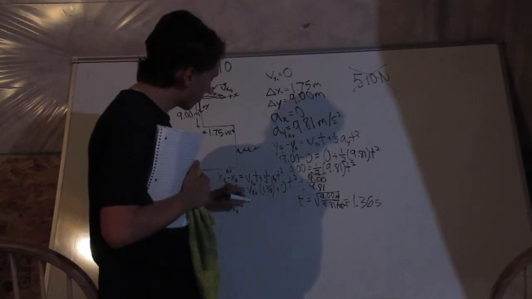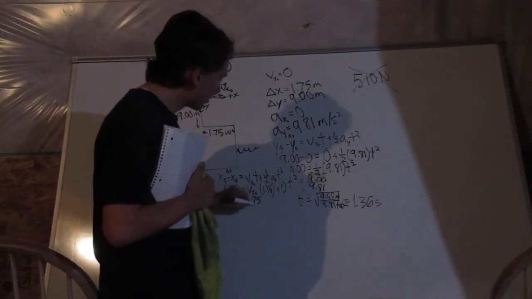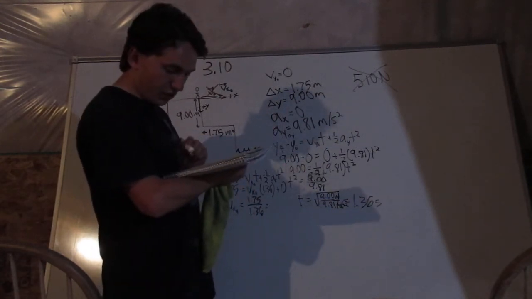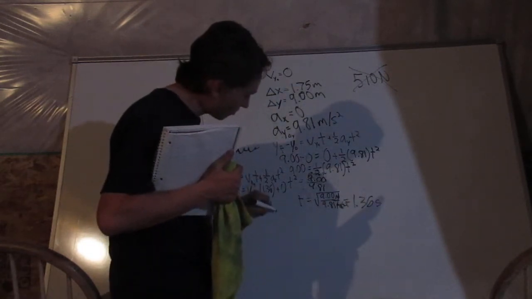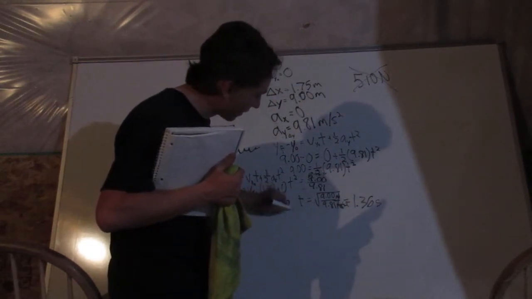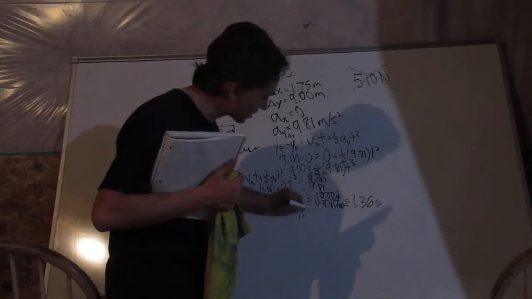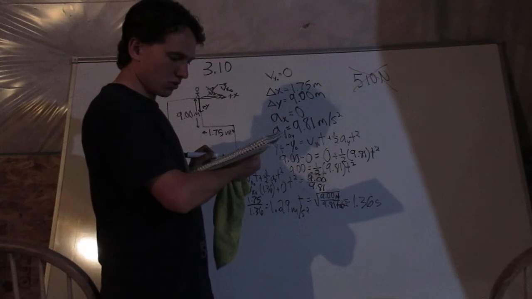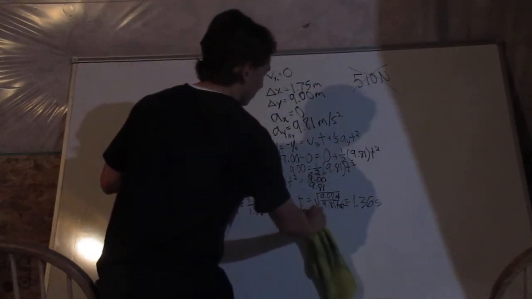So you're going to have 1.75 divided by 1.36. And that's going to give you 1.29 meters per second squared. No, per second. I'm sorry. Not squared. It's velocity.